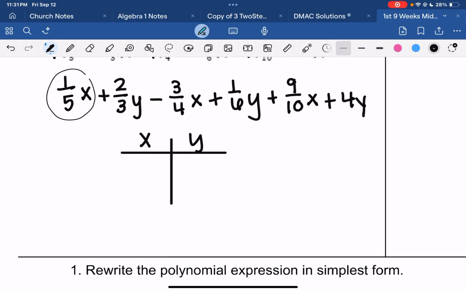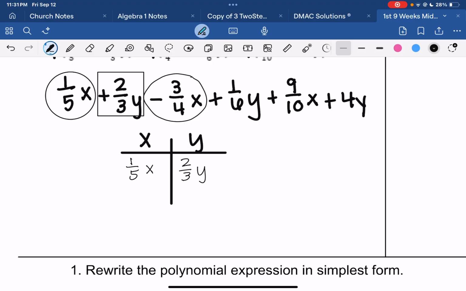So this 1 over 5x belongs on the left side of this column. This 2 over 3y belongs on the right side column. This negative 3 over 4x goes in the left side column under all the other x's. Your 1 over 6y goes under the y's.